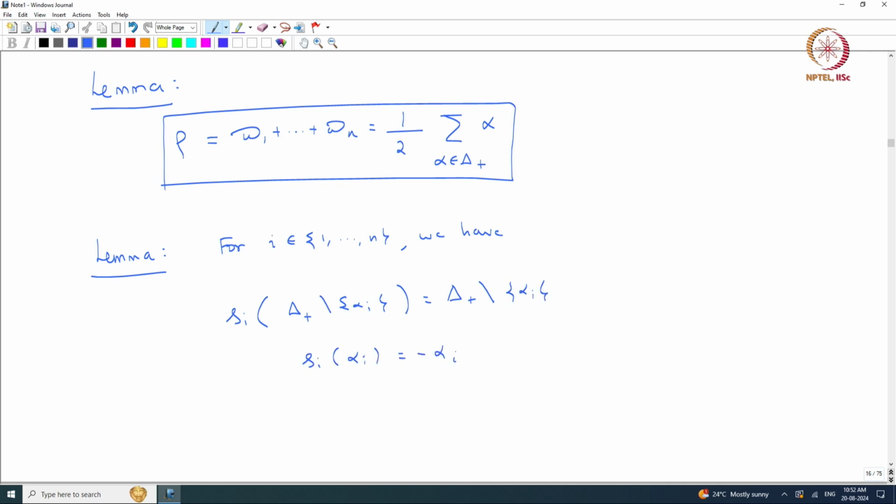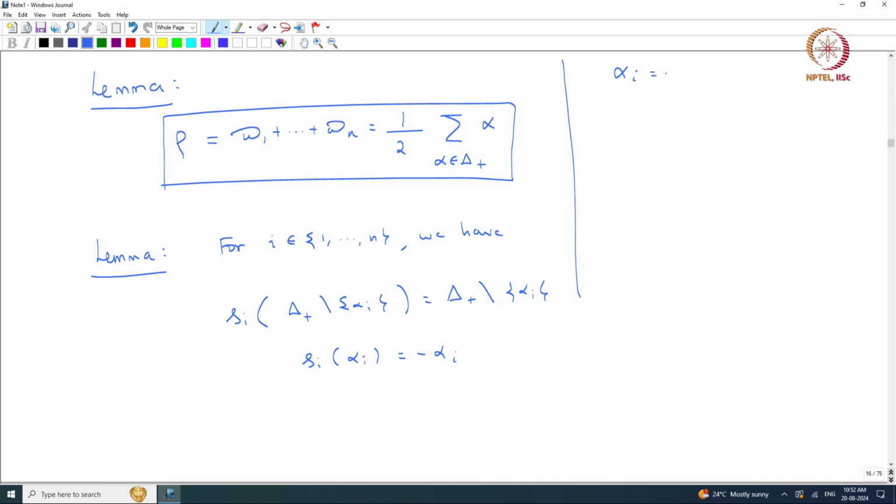What this lemma says is that except alpha i, all the positive roots will be mapped to positive roots by s i, and alpha i will be mapped to minus alpha i. That is obvious, and this is very simple.